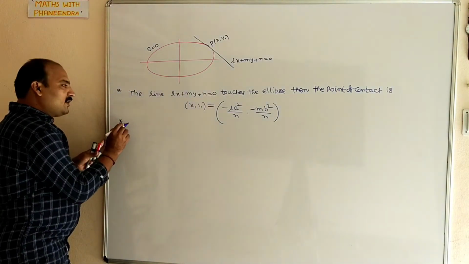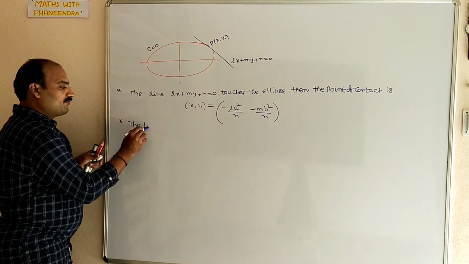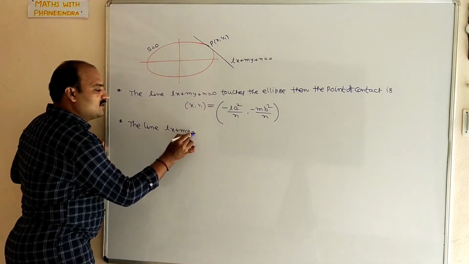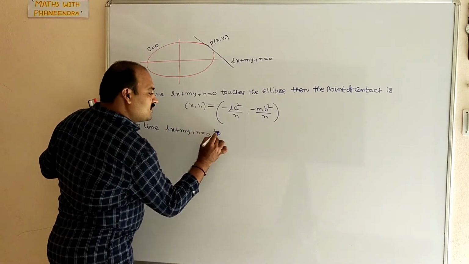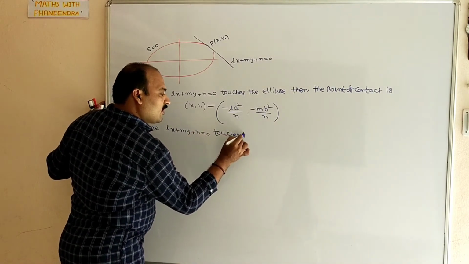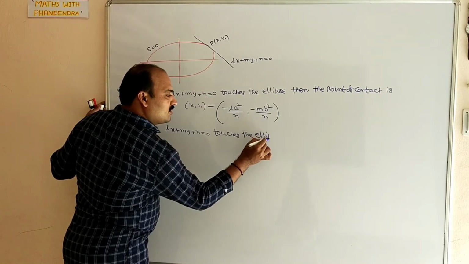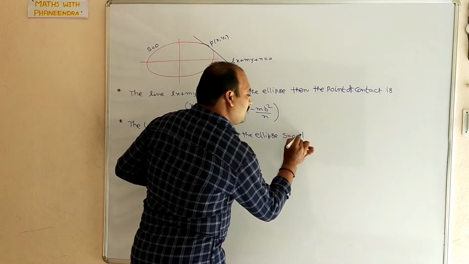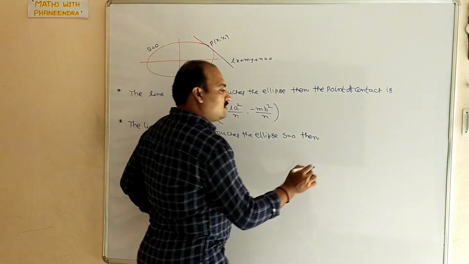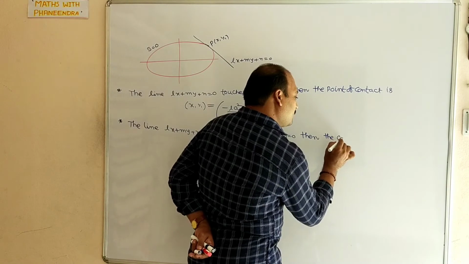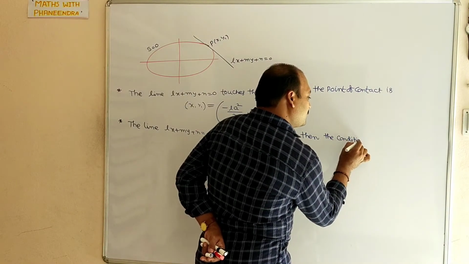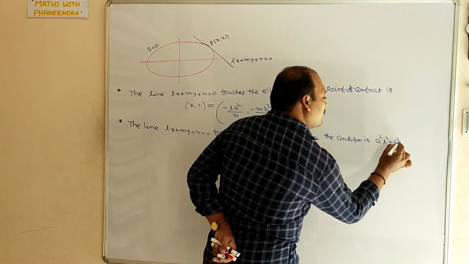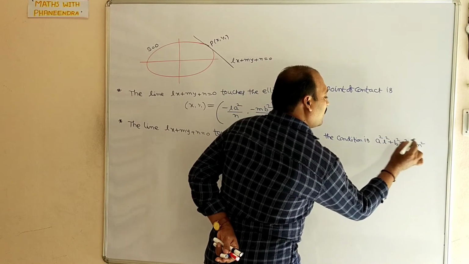Suppose this line touches the ellipse, S is equal to 0, then the condition is a square l square plus b square m square equal to n square.